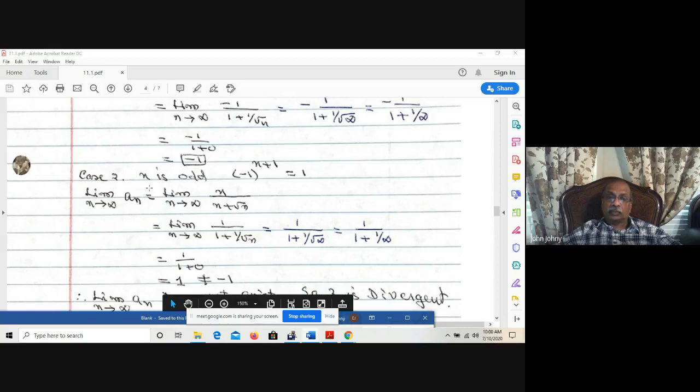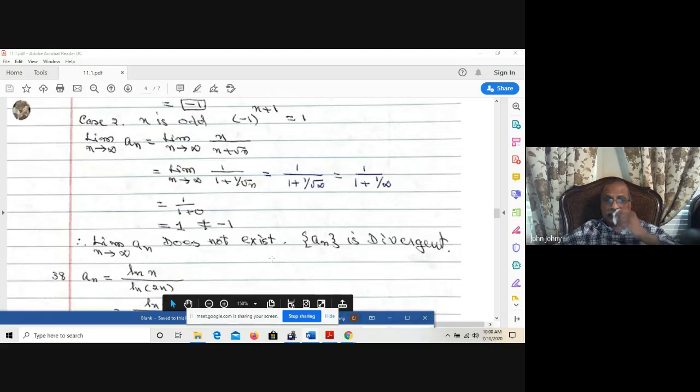So if n is odd, that goes to plus 1. If n is even, that is a minus 1. These two limits are not the same, so the limit does not exist, and that means this is divergent.